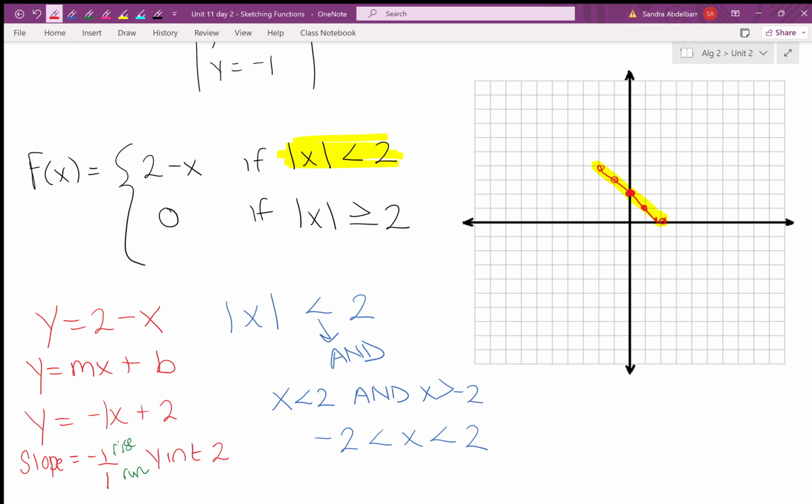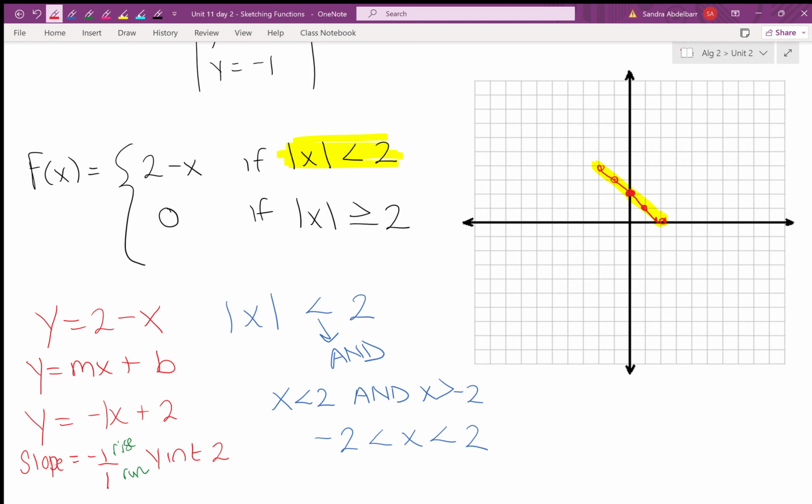Yes. But let's say you asked, why can't we just be less than negative 2? Is negative 4 less than 2? Yes, negative 4 is less than 2. But the absolute value of negative 4 is positive 4, and that's not less than 2. That's why this whole and situation gives us the numbers that are absolutely between those two.